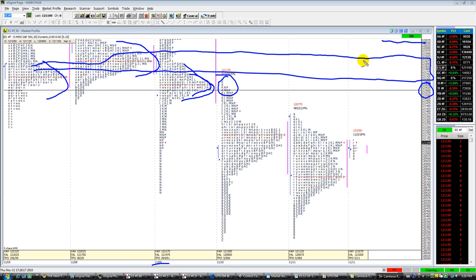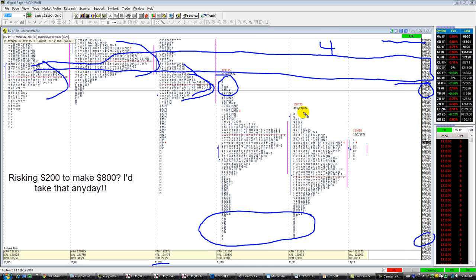So we have a 4-point risk over here. We're shorting at 16 and a half, with risk at 20 and a half. That's a 4-point risk, with our potential reward down to at least these lows at the 1202. What we have here is a 14.5 potential gain. So 4 against 14.5 is almost 4 to 1 reward to risk.